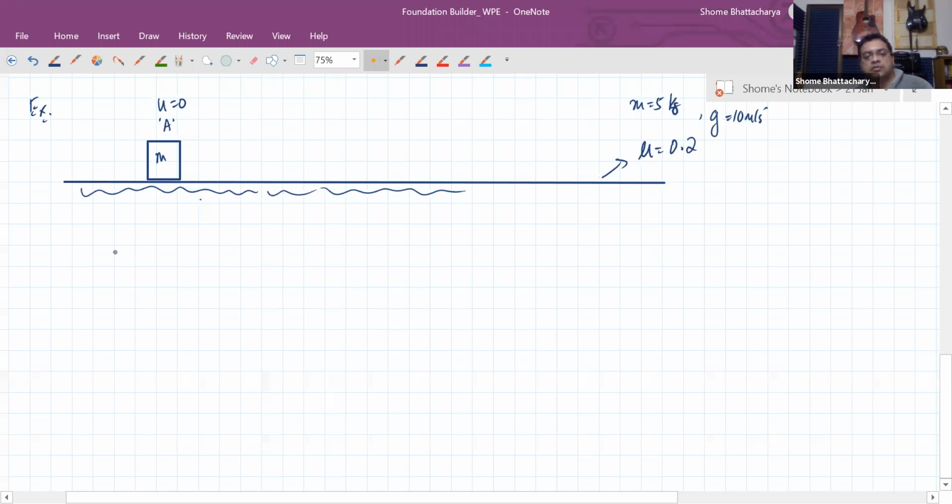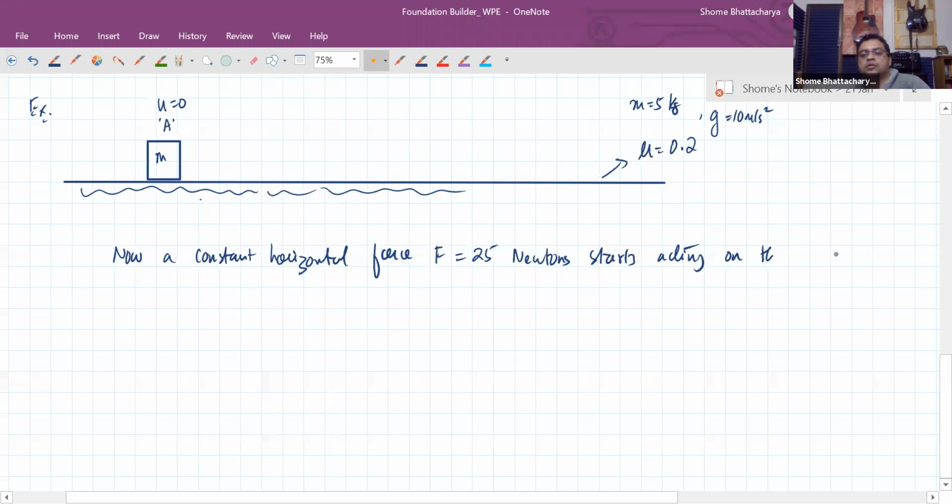Now, a constant horizontal force of magnitude, let us say 25 newtons, starts acting on the block.